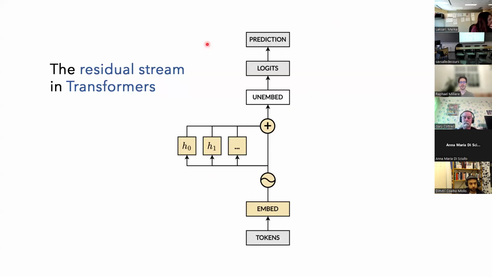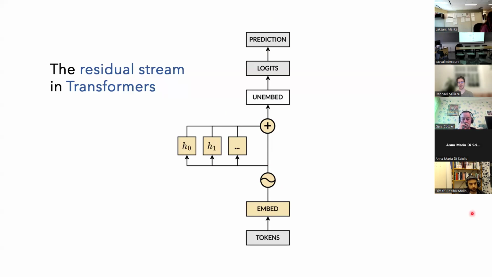One of the interesting insights from the mechanistic interpretability literature is that we can think of this whole network as operating on this thing called the residual stream. And the residual stream is kind of a central communication channel where, for each token position in the input, these attention heads are routing information and performing some transformation that then is going to be added back to the residual stream, or this central channel.